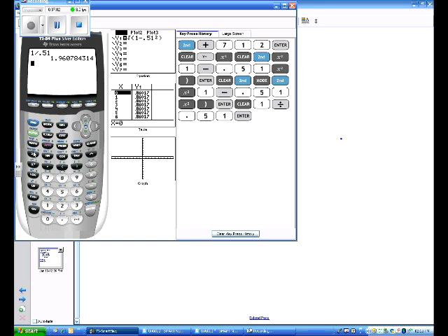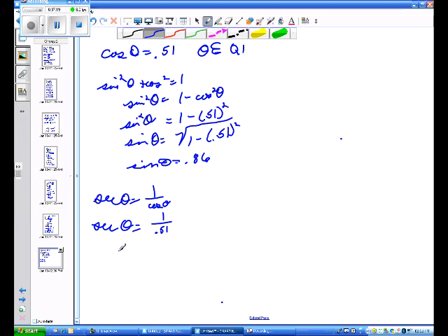Or you could use your reciprocal key, the x to the negative 1. You put 51 hundredths, hit the reciprocal key, and then enter, and it will give you the same thing. So the secant of theta is equal to 1.96, or 1 and 96 hundredths.